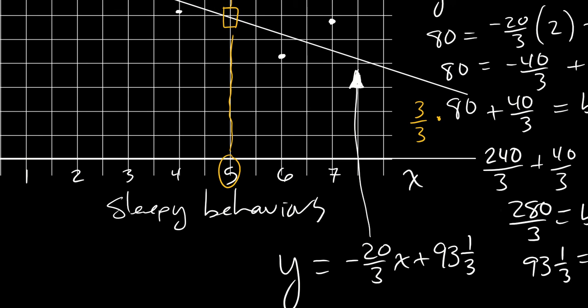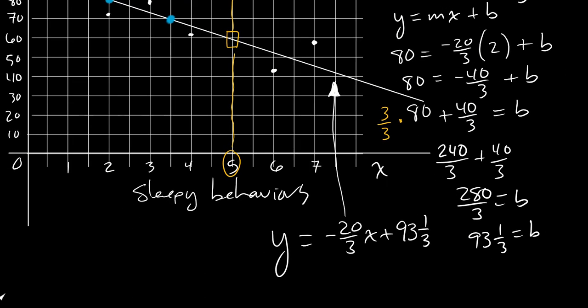I'm going to use my calculator for sure. I'm going to enter negative 20 thirds, multiply that times 5, and then add 93 and 1/3.